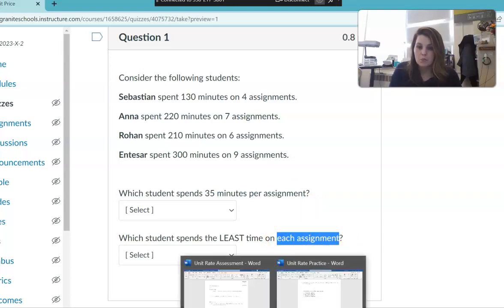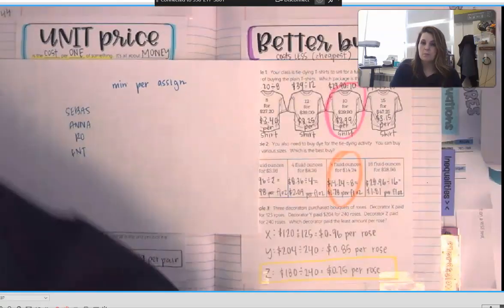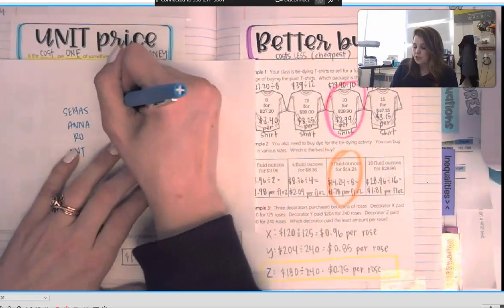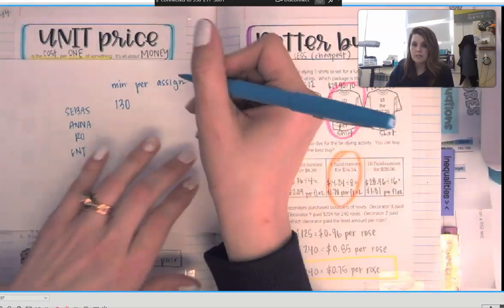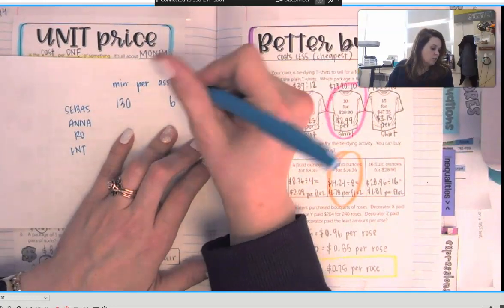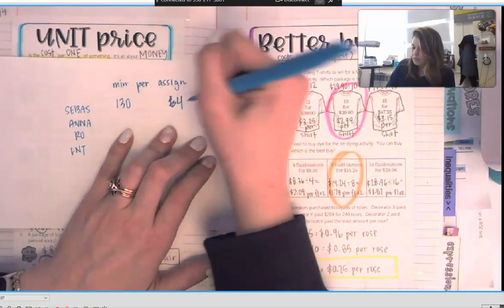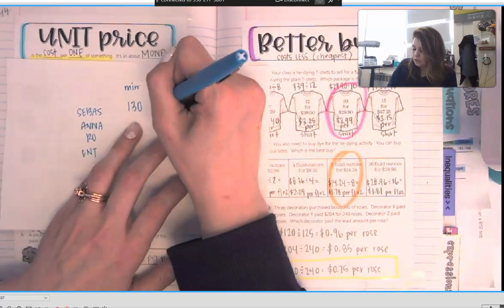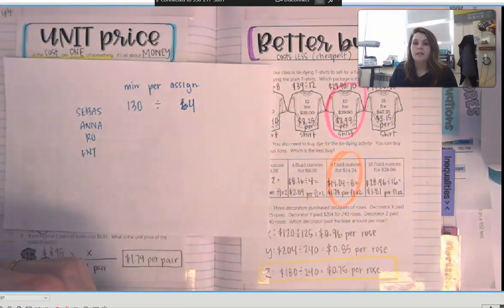So that means when I write these out, I am going to write down the minutes first and then the number of assignments. So Sebastian spent 130 minutes. That was on 6 assignments. Nope, sorry, that was on 4 assignments. We are going to take 130 and divide it by 4.